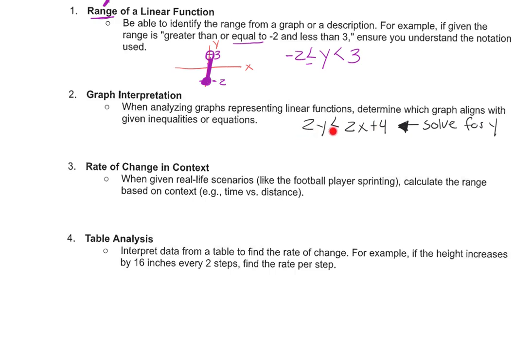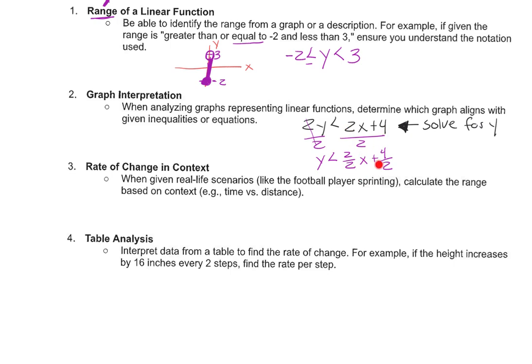So looking at this inequality, I want to get y alone. You notice 2 is the coefficient of y, but I want just y. So I need to divide both sides by 2. That'll cancel out, leaving me y is less than 2 over 2x plus 4 over 2. I need to continue to simplify this side.